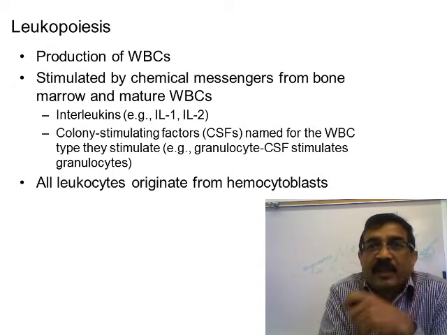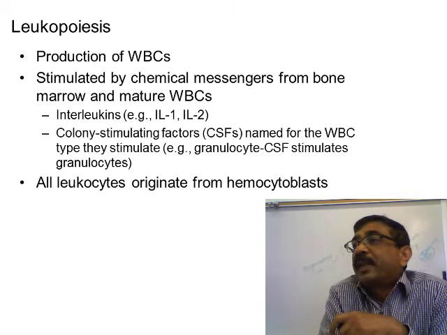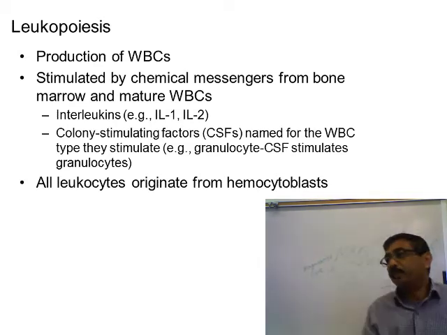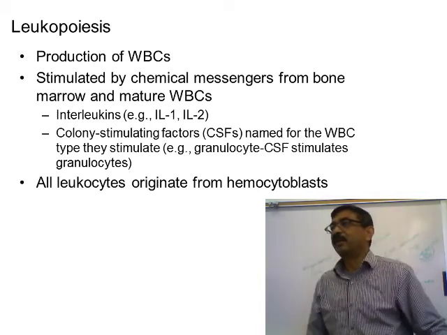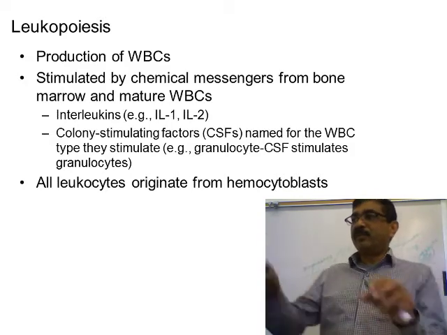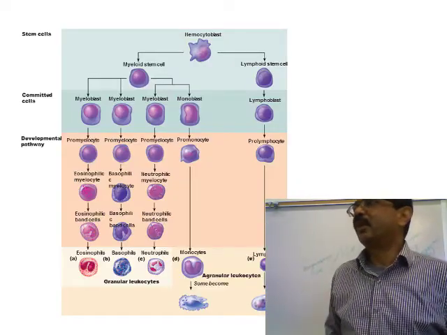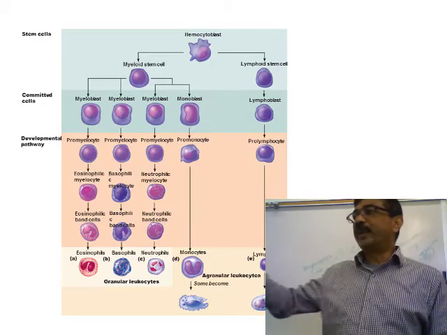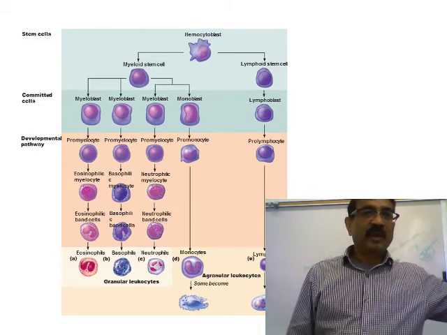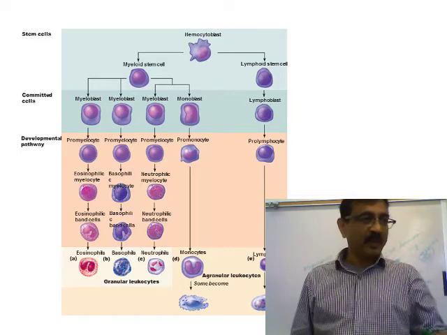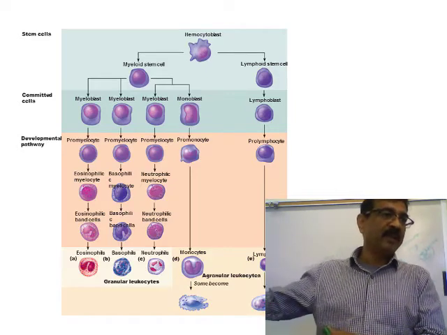Hemocytoblast is a pluripotent stem cell. It can produce many different types of cells. That's why it is called pluripotent. Can produce red blood cell, can produce 5 different types of white blood cells, can produce platelets, right?